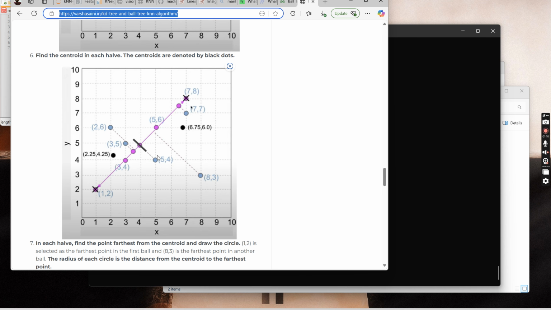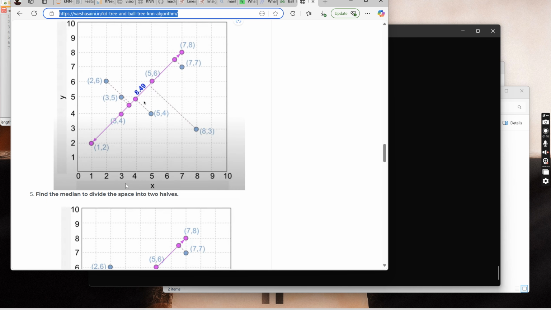5 comma 4, this point. Black line is very easy. I'll explain. See, what did you do? You determine the furthest two points, right? After you determine the furthest points, you calculate its length.